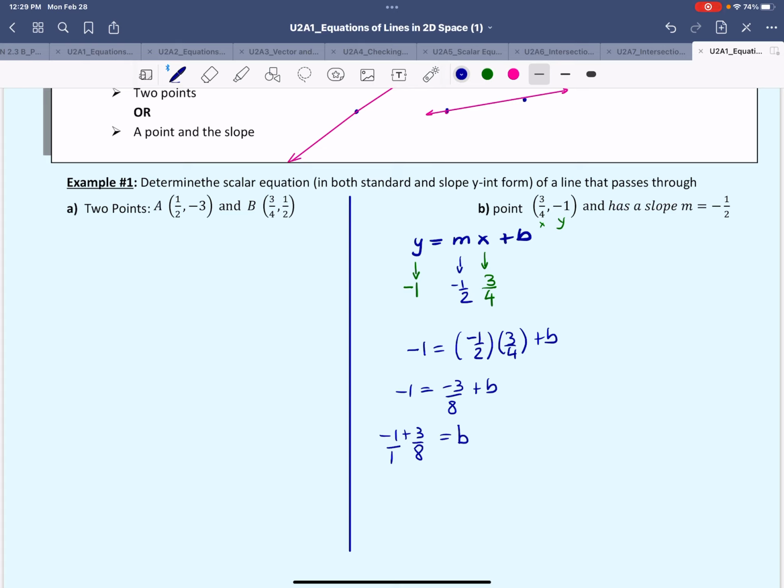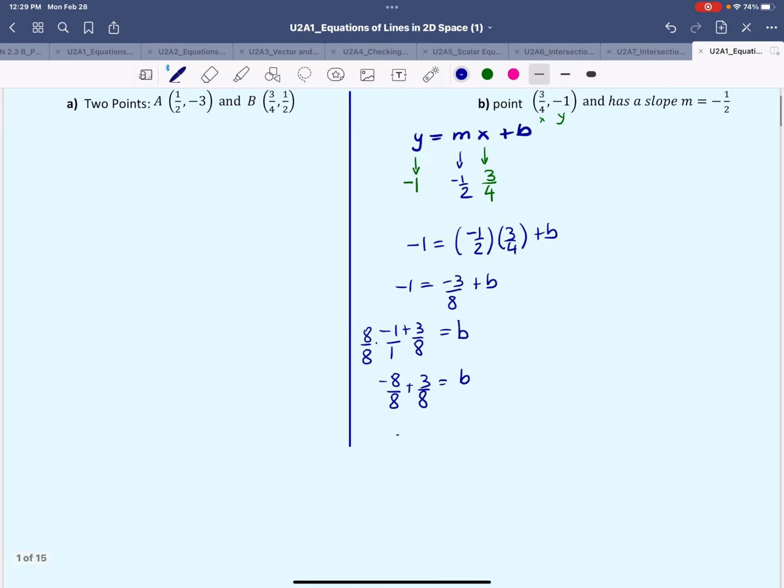So we're going to write negative 1 as negative 8 over 8 plus 3 over 8, which equals negative 5 over 8. Now that we know the value of b, we can write the equation with confidence. So y equals mx plus b is y equals negative 1 over 2 x, plus negative 5 over 8, which is minus 5 over 8. And this will make the slope y-intercept form of the line.